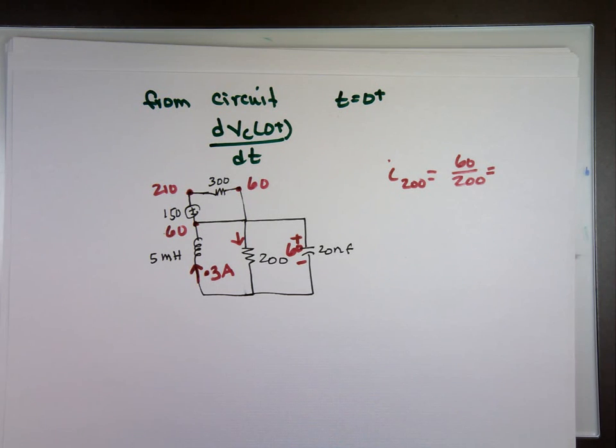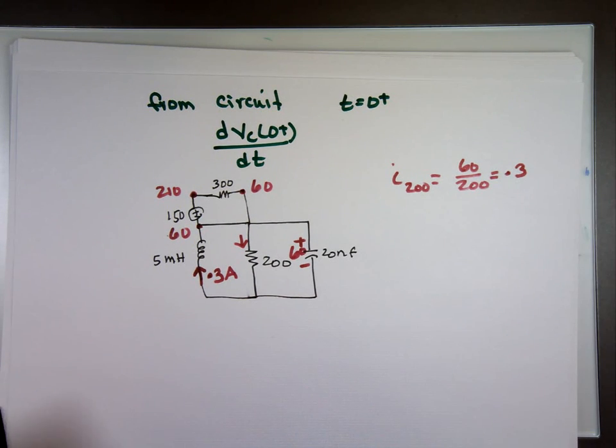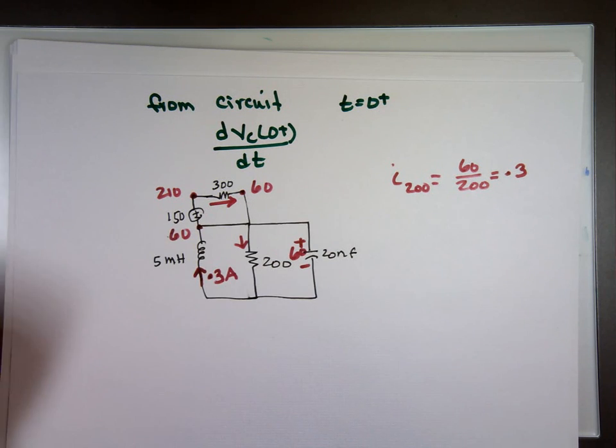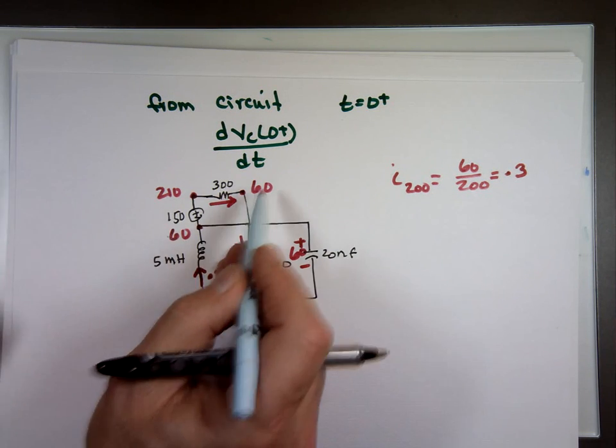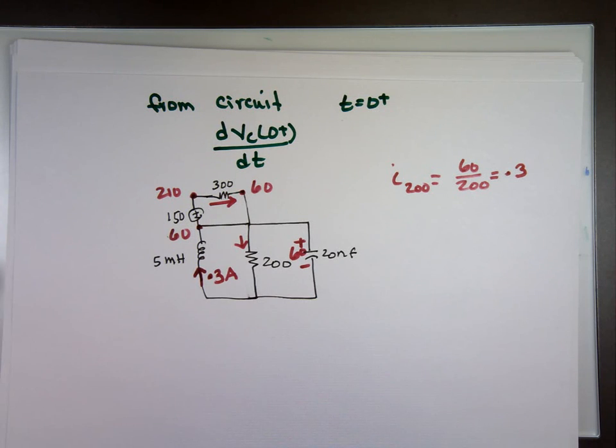Yeah, 0.3. We know what this current is: 210 minus 60, which is 150, divided by 300. That's 0.5, right?